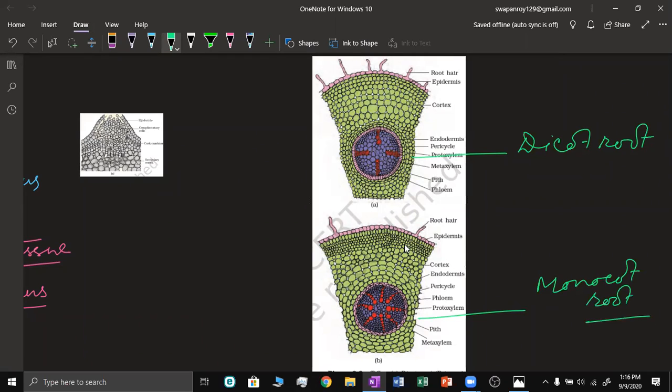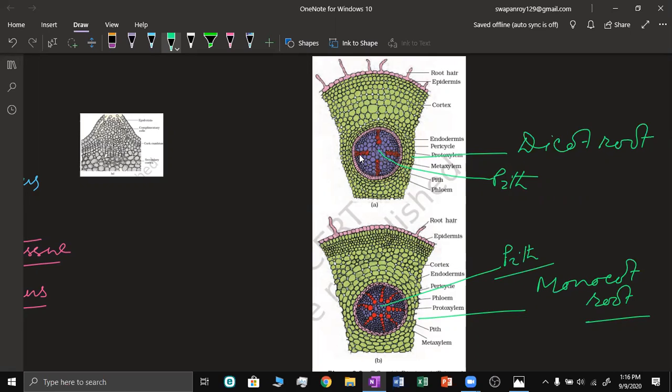Of course, in this diagram those things are not very clear. Here also is the pith or medulla. In this diagram, they have not given a proper diagram in the book. This is one way it is wrong.